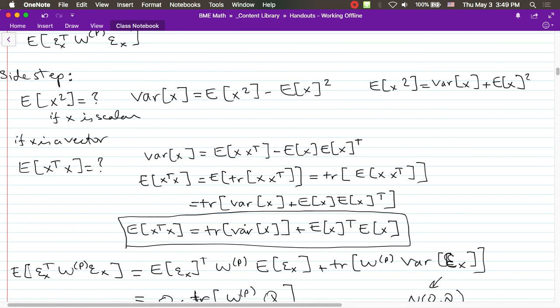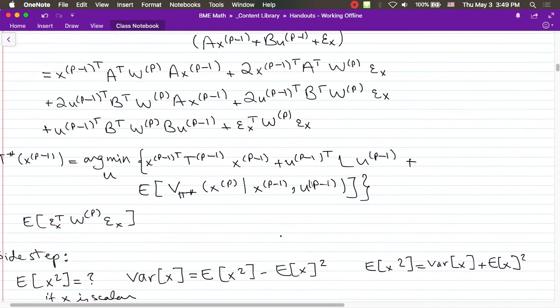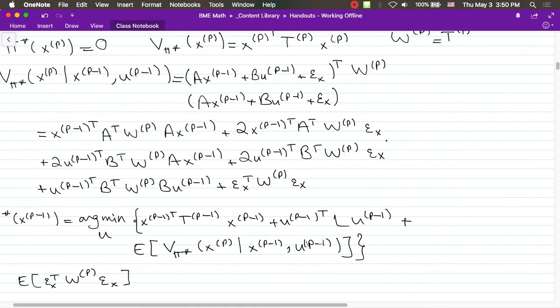The reason is this. This term here is going to have a u in it, because the noise in the system depends on the command u. So all of these terms are going to have derivatives with respect to u. But the expected value, I'm confused when you take the expected value. Oh, right, I'm sorry. No, you're right, absolutely.